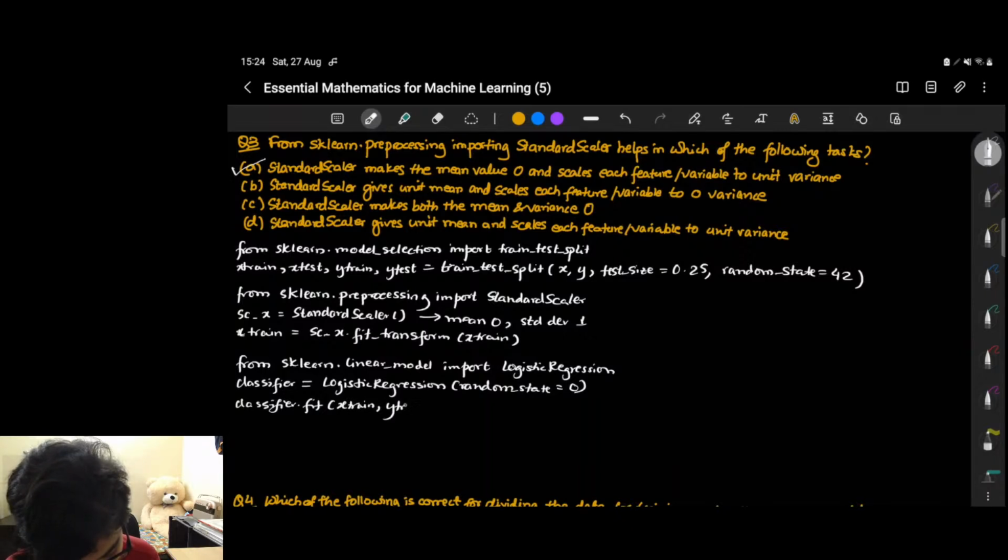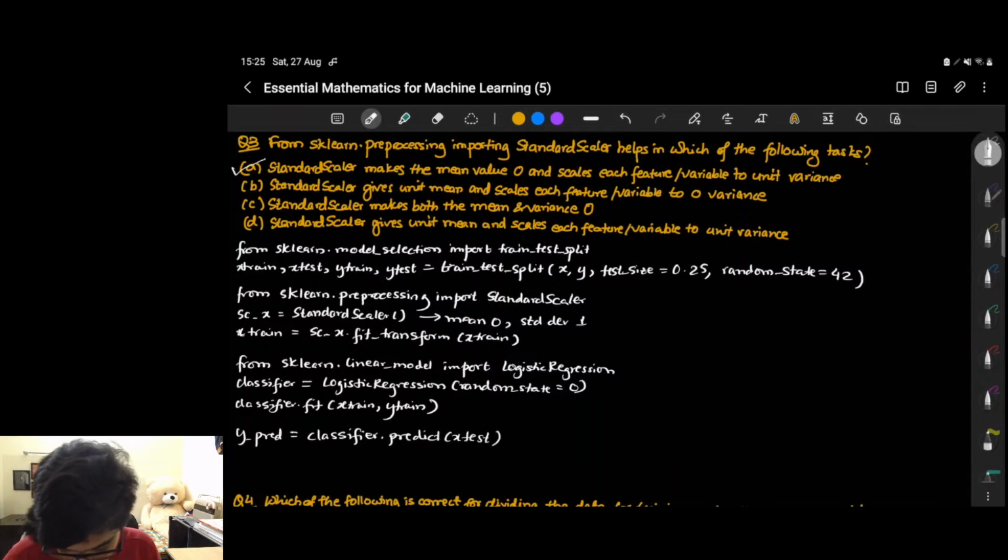And then you are using the class fitting with your data sets, and then you would predict whatever prediction or classification you want based on this predict command.